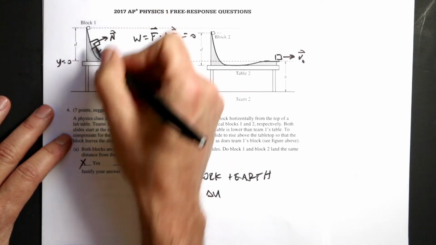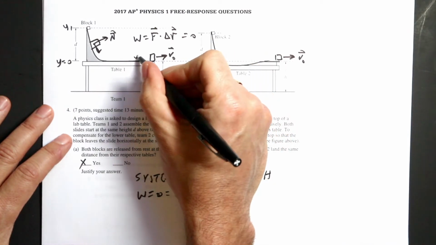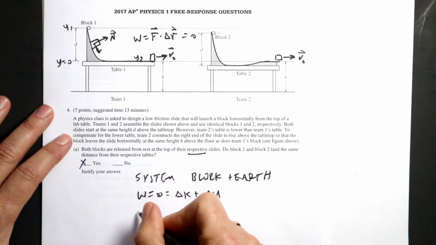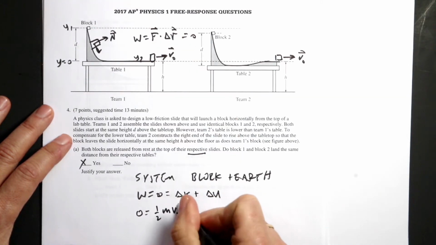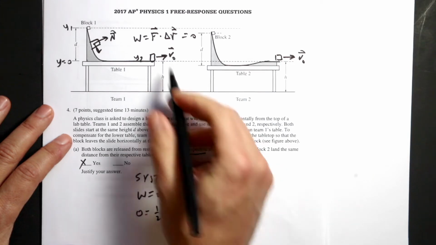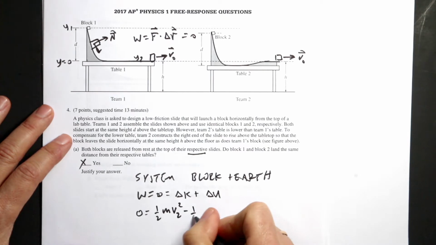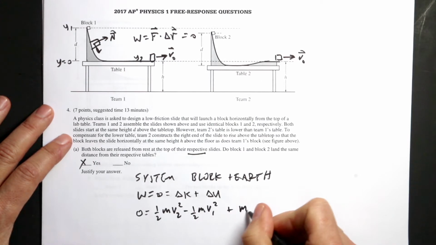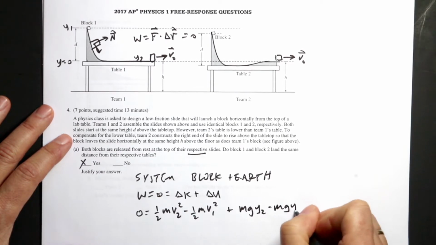So let's call this y1, and let's call this y2, where it ends up. For this case, it starts from rest, so I have 0 equals 1/2 m v2 squared minus 1/2 m v1 squared plus m g y2 minus m g y1.